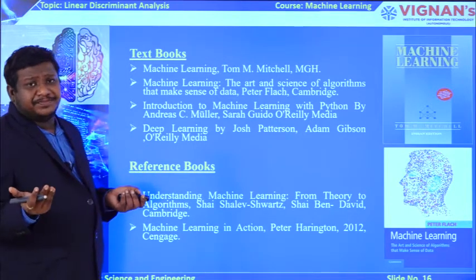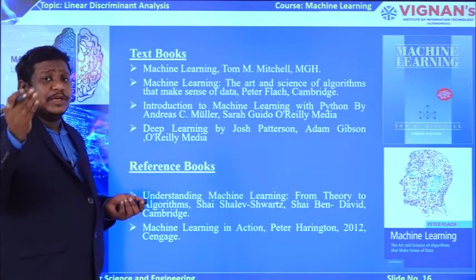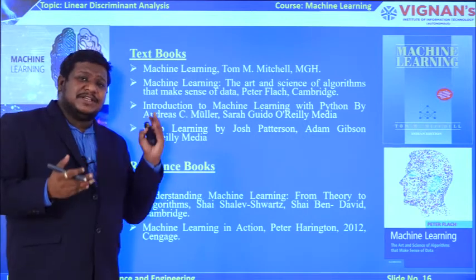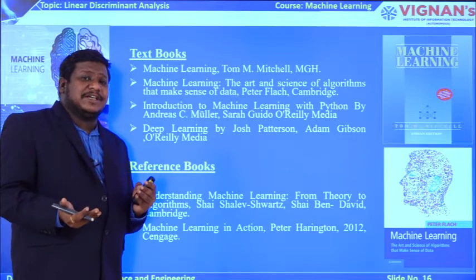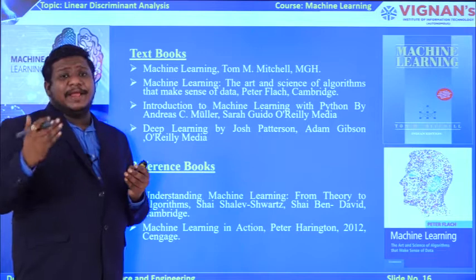As a whole, LDA mainly arrived due to the limitations of logistic regression. We had seen some of the limitations of logistic regression. To overcome those restrictions, LDA was developed by Fisher in 1938 for binary models.